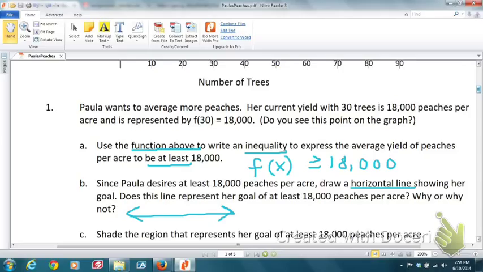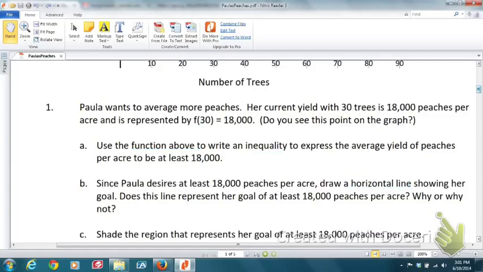So you're trying to draw a horizontal line whose equation is actually y equals 18,000. So you're drawing that line on the graph above. Then it's asking you a question. Does this line represent her goal of at least 18,000 peaches per acre? Why or why not? That is something that you have to think about. Not me, you. So you have to look at what you're doing and then think about what they're asking you.